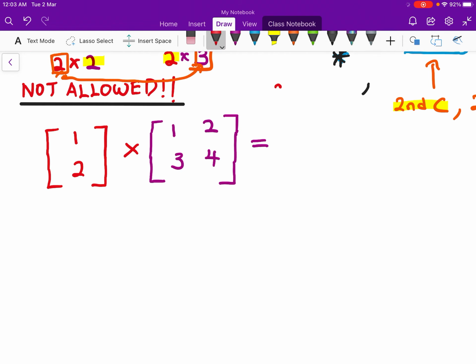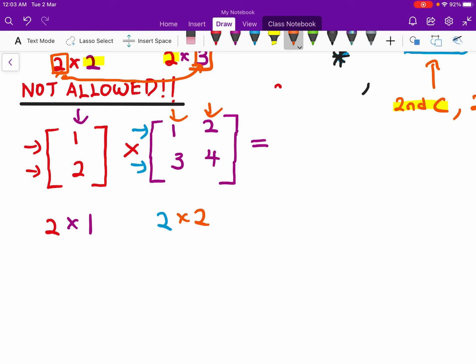Just now I said multiplication, there's something that we need to fulfill. If I have this red and purple matrix here, the red one has 2 columns and 1 row, and the purple matrix is 2 columns and 2 rows.